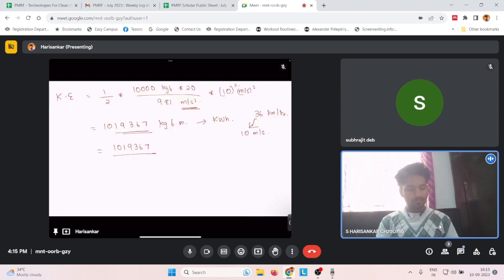So 1019367 divided by 367098. If we do this, we'll get something like 2.78 kilowatt hour.